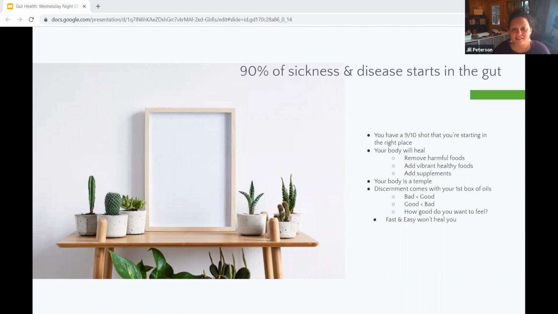This is not an oils class. I'm going to tell you right now, you cannot use one oil as a Band-Aid and have it change your lifestyle decisions. It's just not how it goes. So if that's what you're looking for, something fast and easy, this is not the conversation for you.